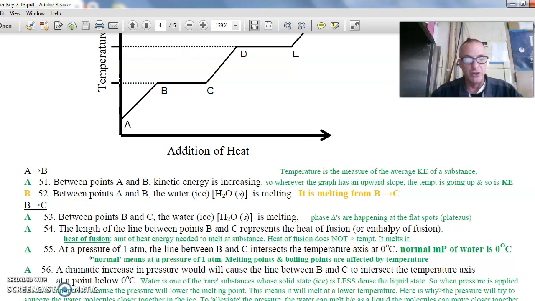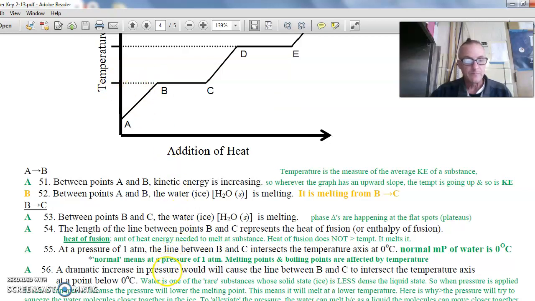They call that the normal pressure. The normal pressure is 1. So at a pressure of 1, solid ice will melt or liquid water will freeze at a temperature of 0. That is true.